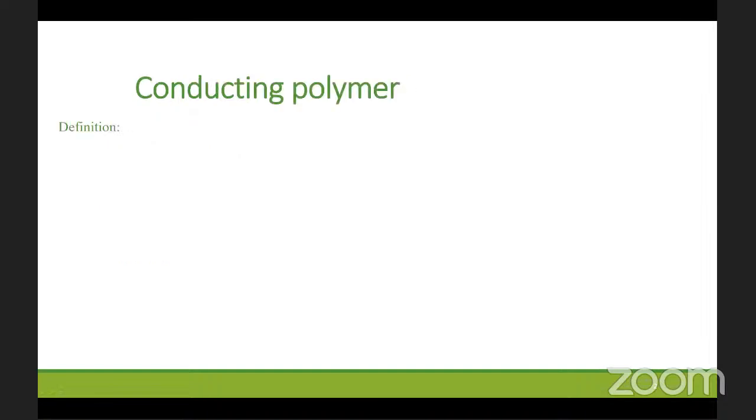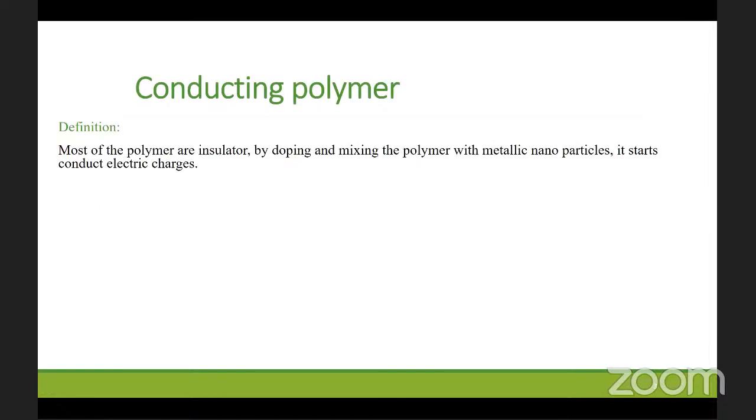I will start with the definition of the conducting polymer. Most polymers are insulators, but with doping and mixing with metallic nanoparticles, they start conducting electric charge. The distinct change in the properties of the polymer nanocomposites is influenced by the type of integrated nanoparticles, their size, shape, and their concentrations, and the interaction with the polymer matrix.